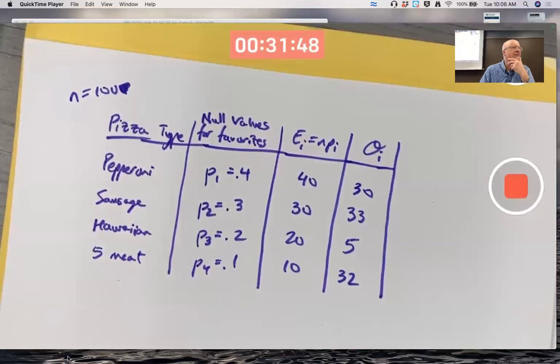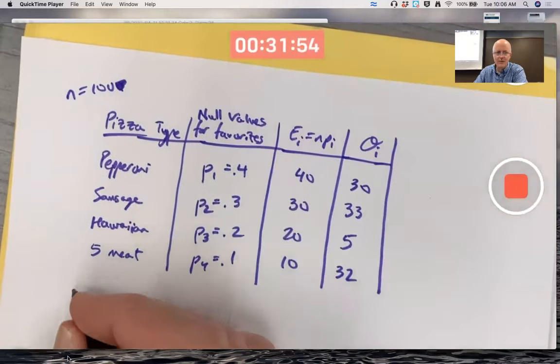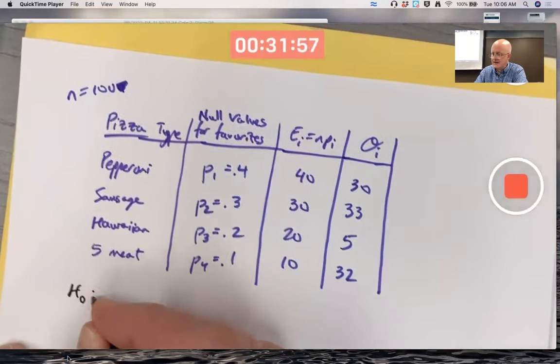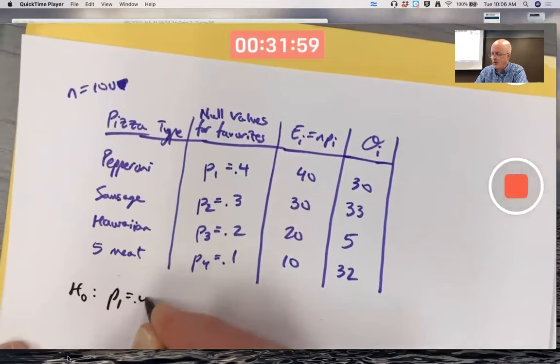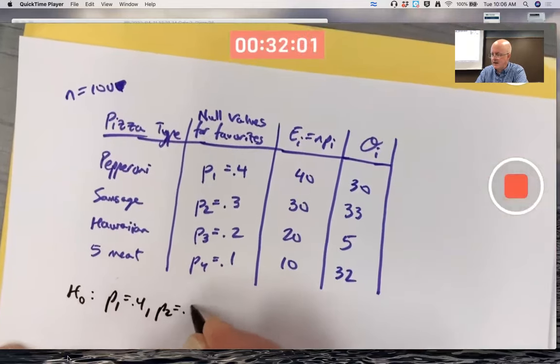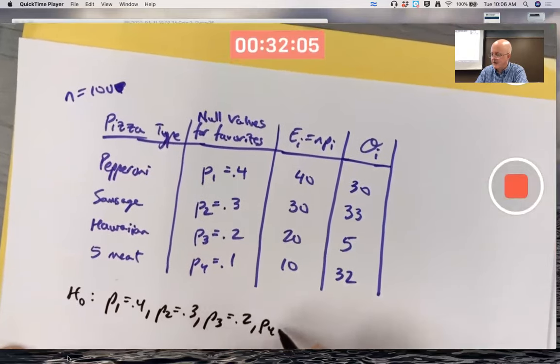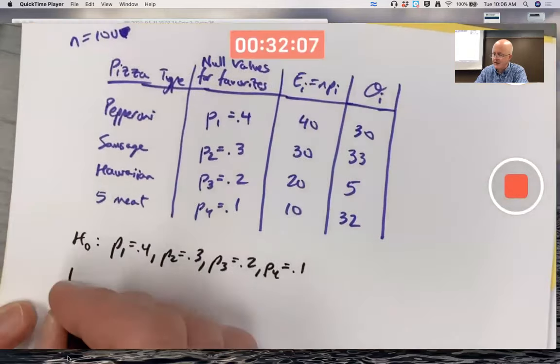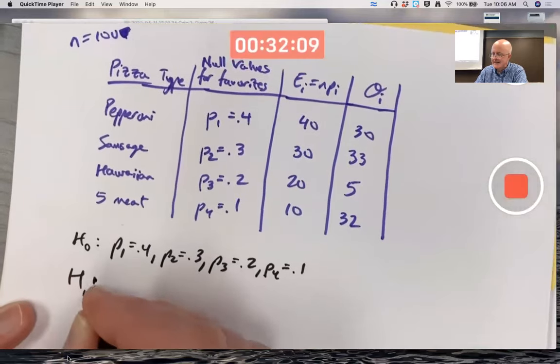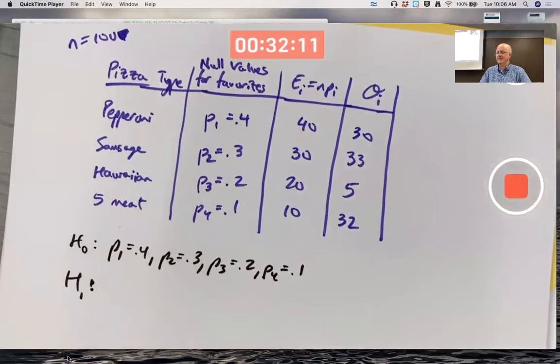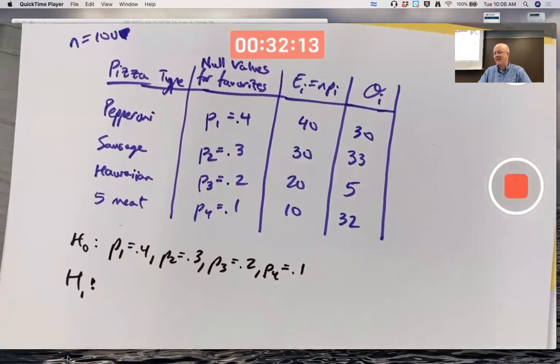Although, what is the direction of the alternative hypothesis here? Does it have a direction? The null really is that p_1 is 0.4, p_2 is 0.3, p_3 is 0.2, and p_4 is 0.1. And what's the alternative? The alternative is just the opposite of the null, meaning at least one of those p's is not as specified.